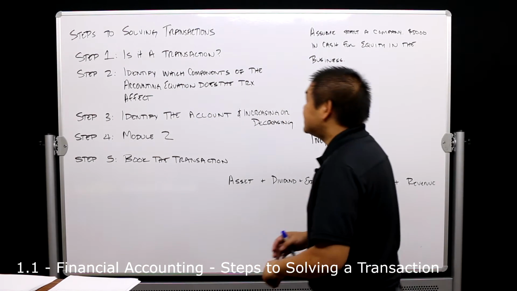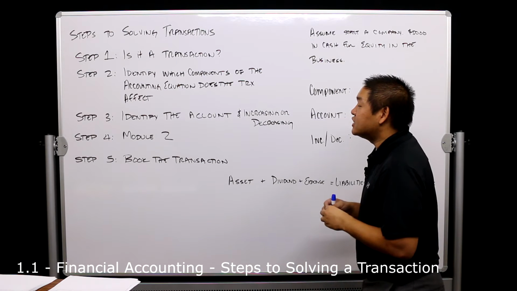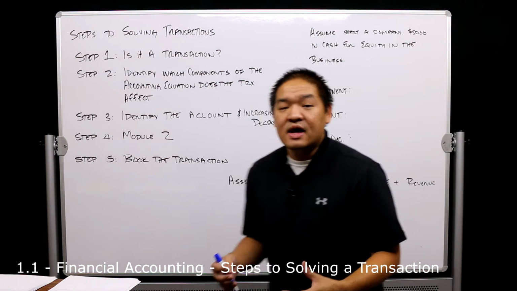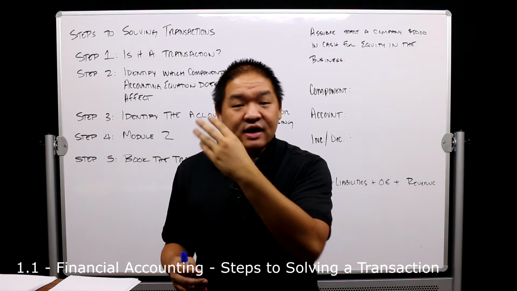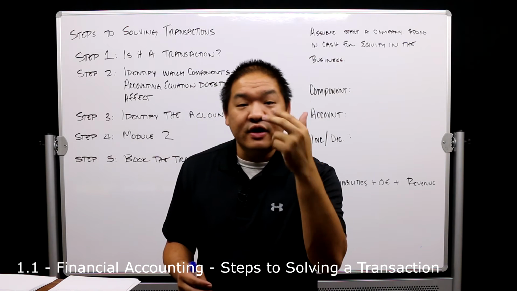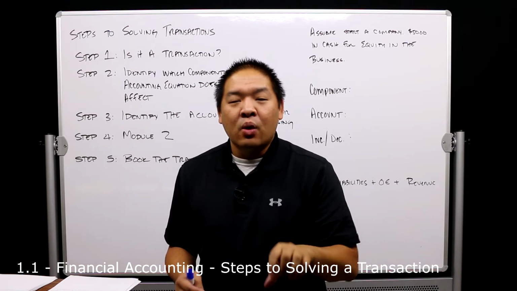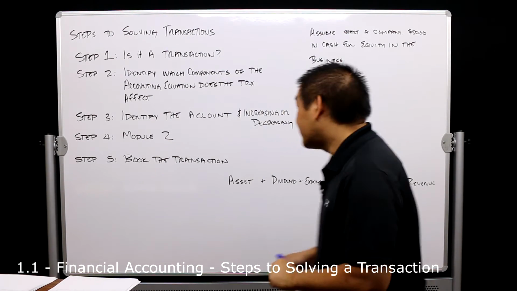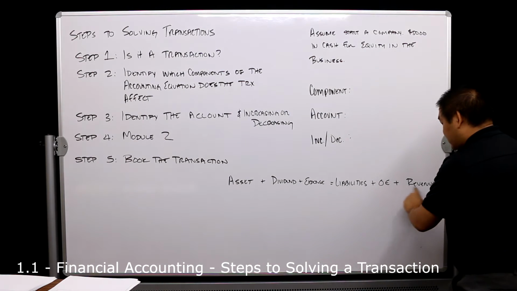Okay? Then step number 2 is we're going to identify which components of the accounting equation the transaction affects. Now, we're putting this here to help you understand it. Once you understand it, these 5 steps will go through your head very quickly. So we're going to first figure out, okay, in this transaction, what components is it going to affect? Well, the components we just learned were assets, dividends, expenses, liabilities, owner's equity, revenue.